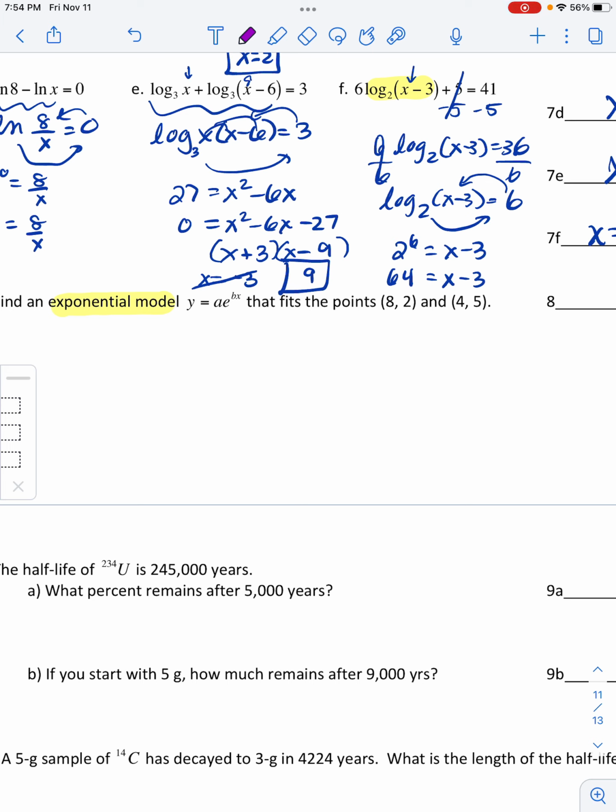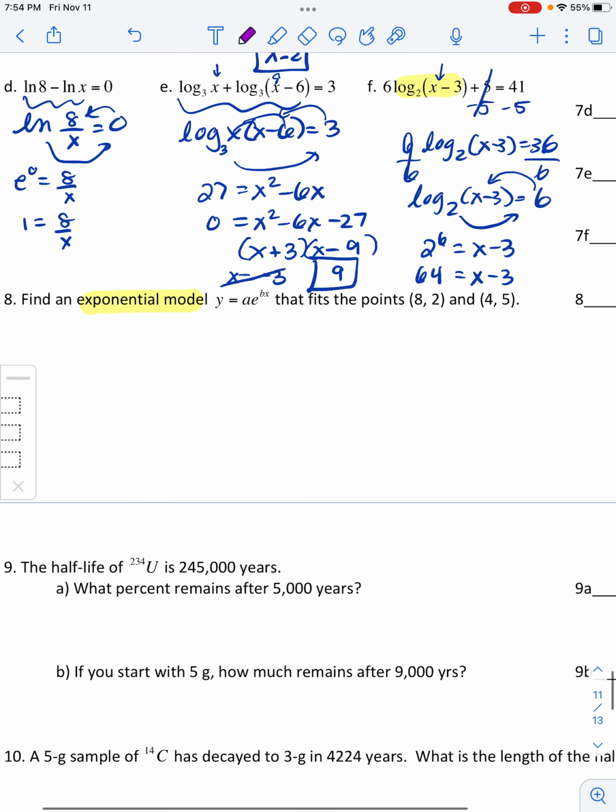But it's not linear. We're not looking for a common difference. We're looking for a common ratio, because we're multiplying. We're doubling, doubling, doubling, tripling, tripling, tripling, or whatever the case might be. So we have to look at how do I find the A and how do I find the B in this value?